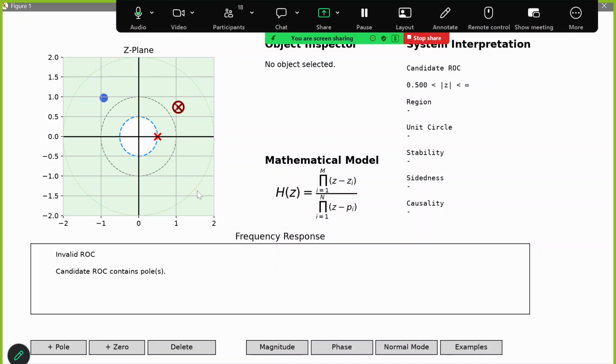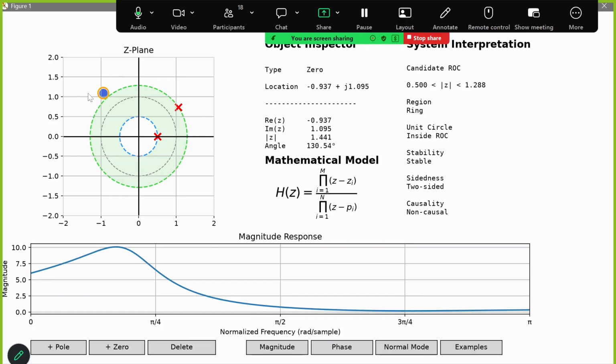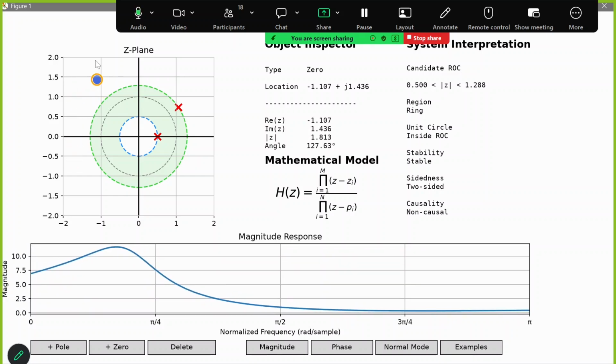For example, you want to make a two-sided system, and then you can just arrange the zeros somewhere to control the magnitude of your response, such that when the value is close to the zeros, you can find the magnitude that you want, right?